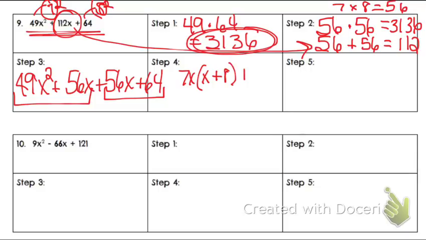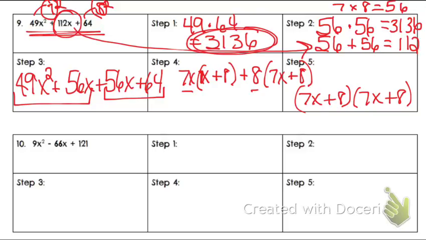Plus, the greatest common factor for the second part would be 8 times, oh, I forgot to put a 7 there. That should be 7x times 7x plus 8. Sorry, caught myself. That's 7x plus 8. And then step 5 is to undistribute. So I have 7x plus 8 times 7x plus 8. Oh, it's a perfect square. And this is what's called a perfect square trinomial. All right, one more.